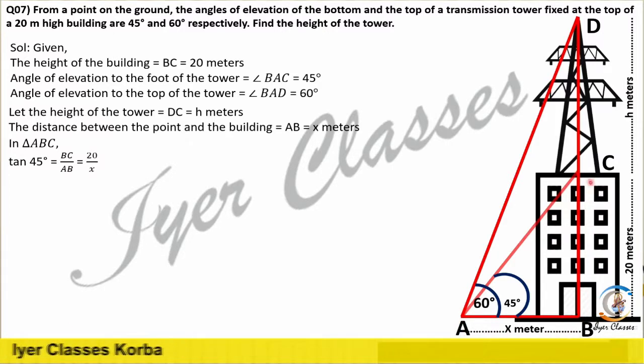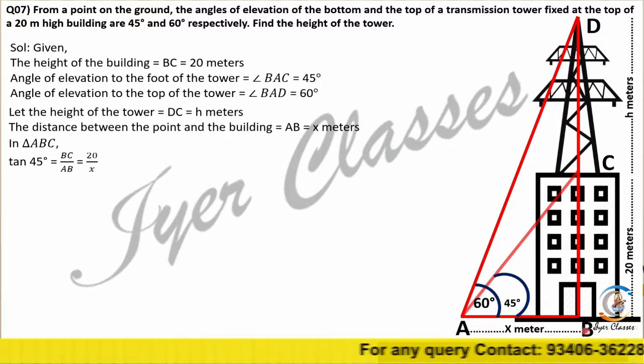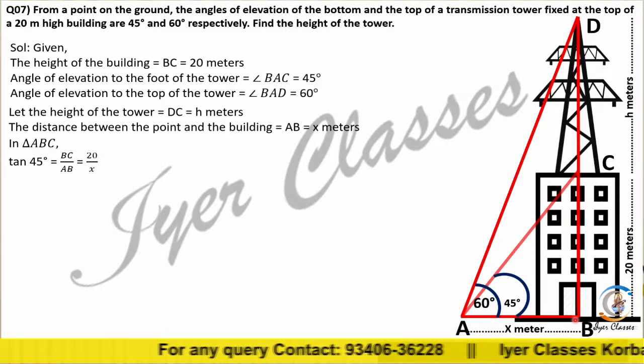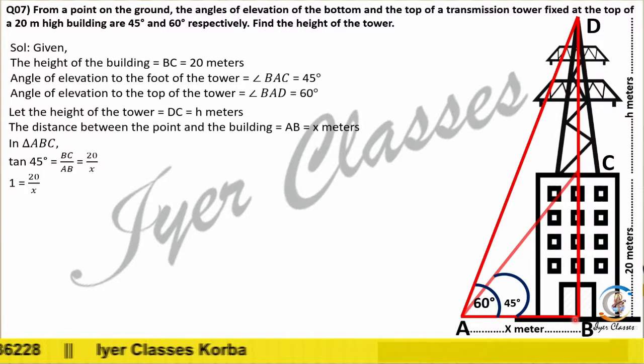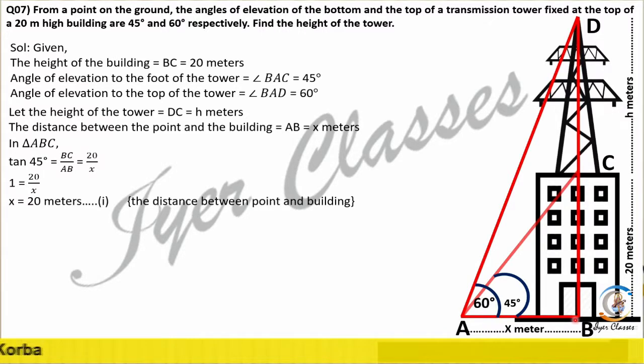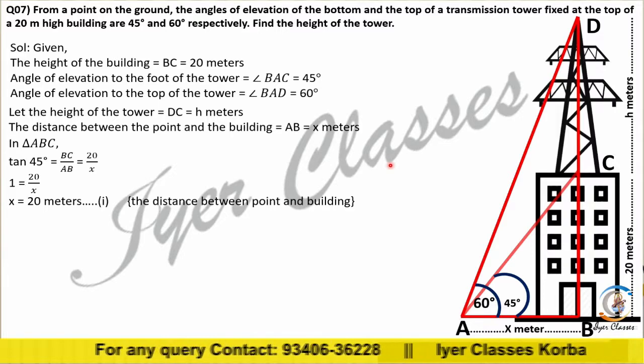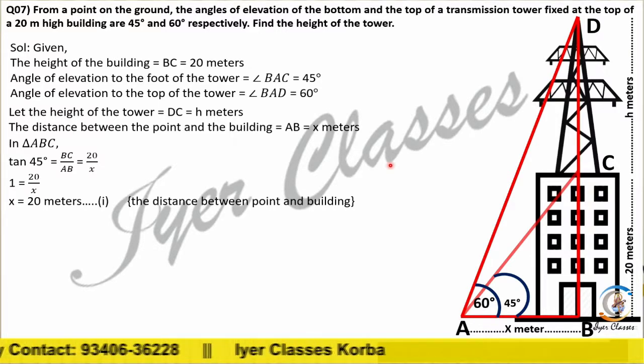We know the height BC, which is equal to 20 meters, and AB is unknown to us, so we put it as x meters. Tan 45 is equal to 1, we know that. So 1 is equal to 20 by x, or x is equal to 20 meters, the distance between the point and the building, right? Mark this as equation number 1.